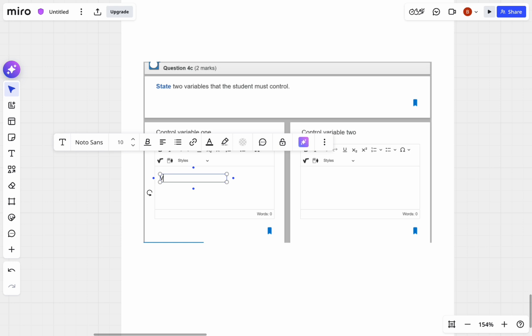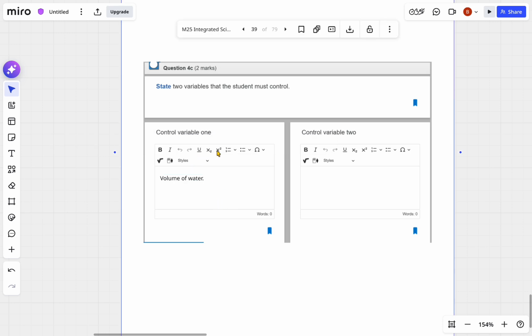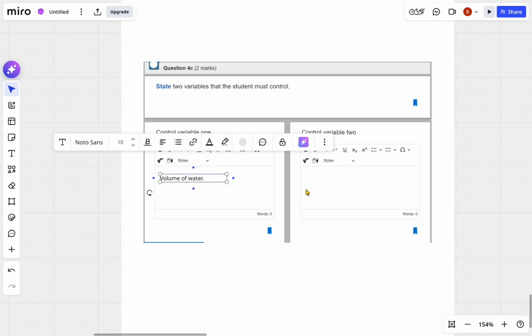So let's just write the volume of water. Let's specify the unit as well. You can write centimeter cubed. Don't know how to do it in this one, but in the software you get an option right over here, you can just click on it and it'll let it as a power.